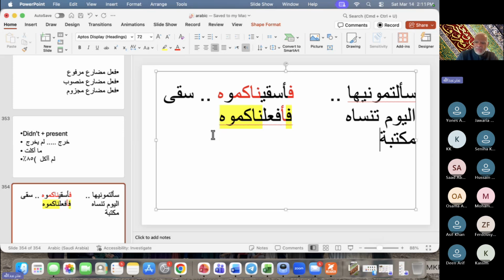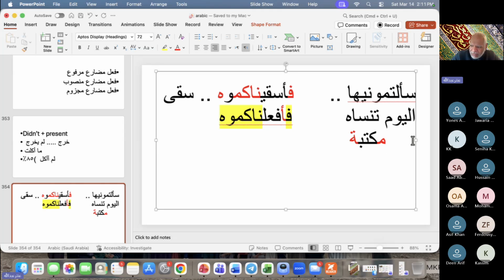So maktaba. Which are the added letters? Kataba. Meem. Yeah. Kataba. Meem. So kataba will be the root. So why did we choose to drop the ta marbuta? Is it similar to the ha at the end of فَأَسْقَيْنَاكُمْ? Yeah. Okay.